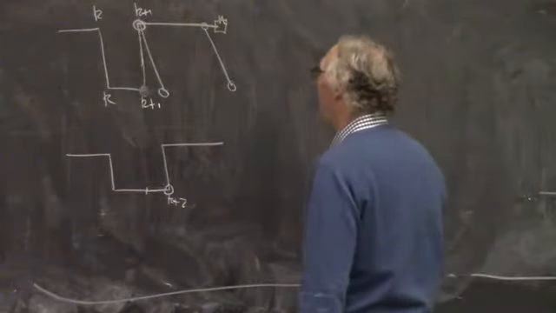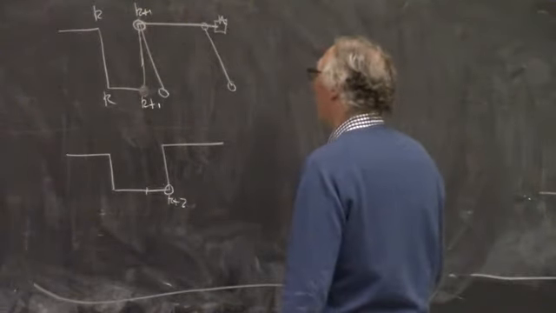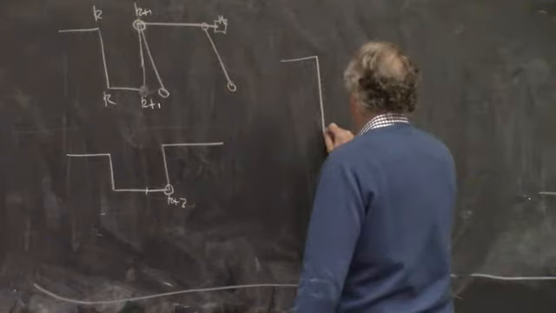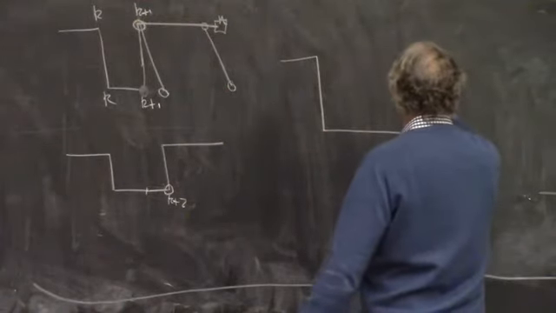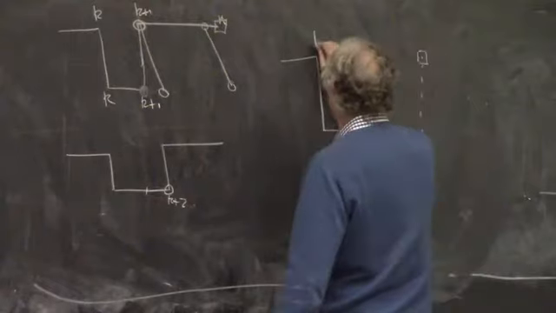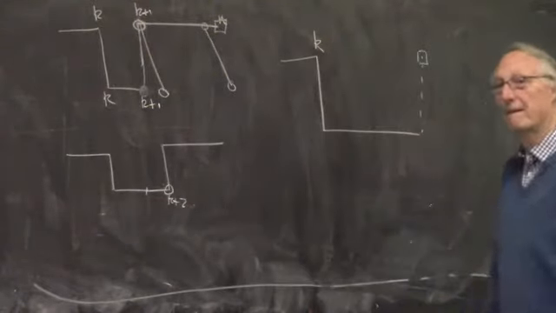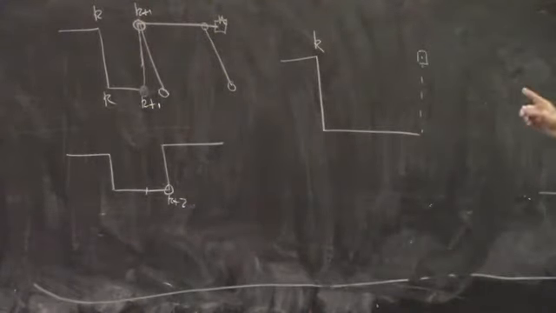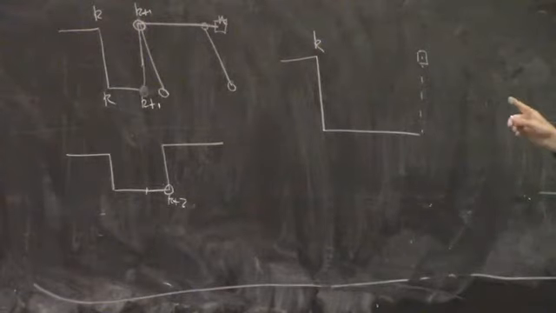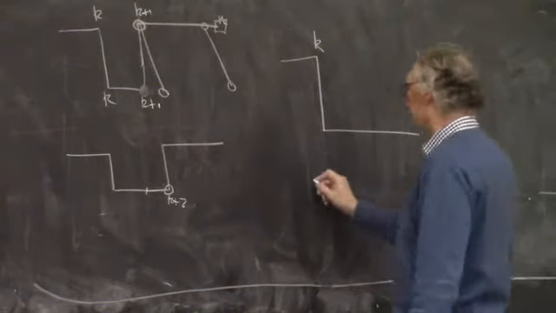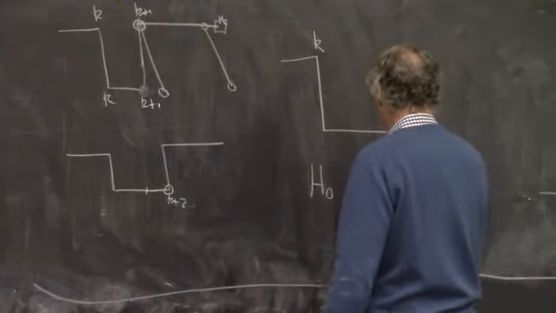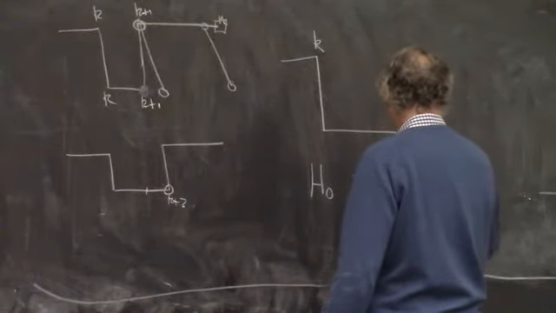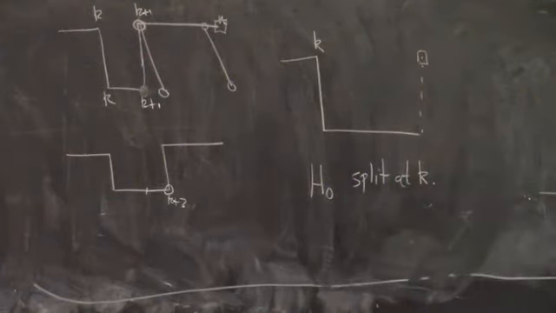And that's the diagram k all the way to n, and you drop this one out. Okay, this is H0. So that's Whitney. That's Whitney at k. So that's split at k. Okay?